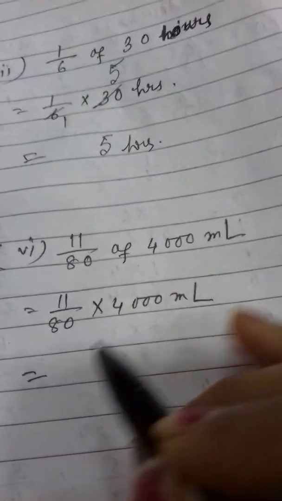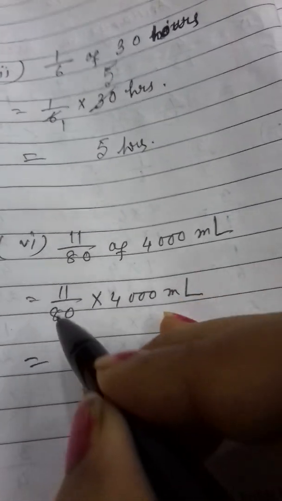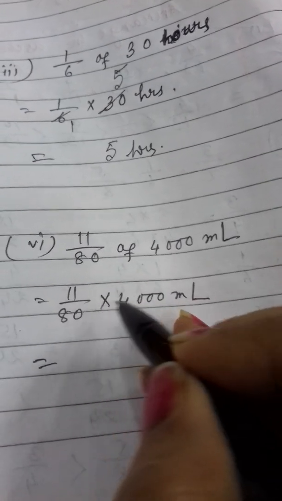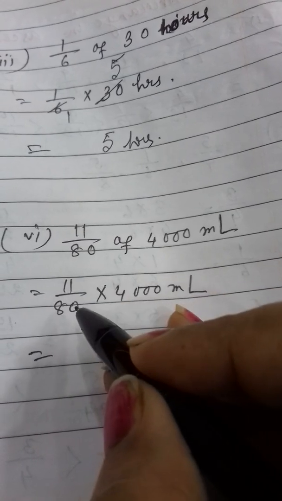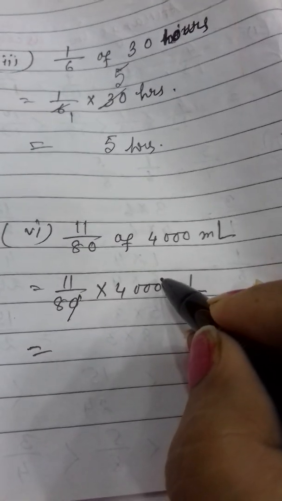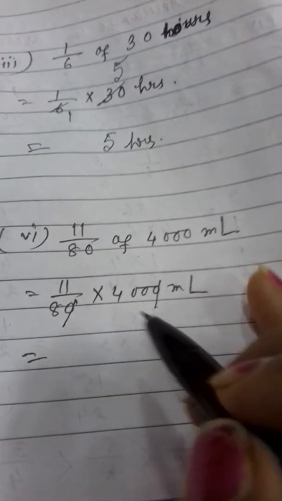In the same way, one more I have done. Here there is milliliter as the unit. So first, in place of "of" you write a multiply symbol. Now you start cancelling. First you see whether 11 and 80 can be cancelled or not. No. So now these two you cancel. If there are zeros, first cancel the zeros. Clear?